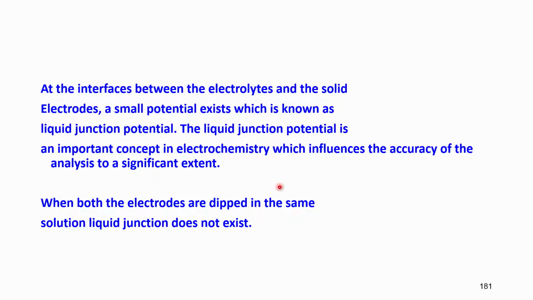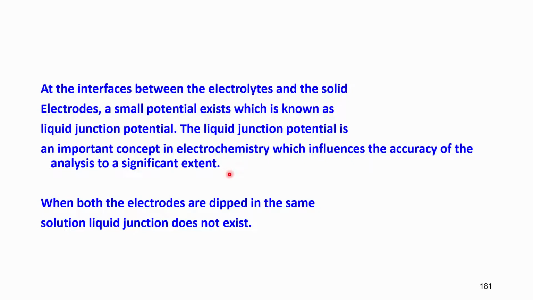At the interfaces between the electrolytes and the solid electrodes, a small potential exists which is known as liquid junction potential. This is very important. Earlier I had referred to that in my previous class also. Liquid junction potential is an important concept in electrochemistry which influences the accuracy of the analysis to a significant extent.